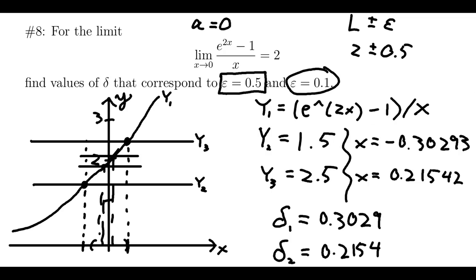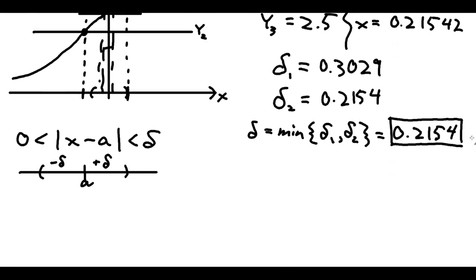That's much tighter. So you would do something similar, except that you would edit your y2 to be something like 1.9, and y3 should be something like 2.1. And that'll give you those narrower bounds. You can find the intersections again, work with your delta values, and I'll go ahead and mention the answer so you can check your work and confirm that you have done all of this correctly.